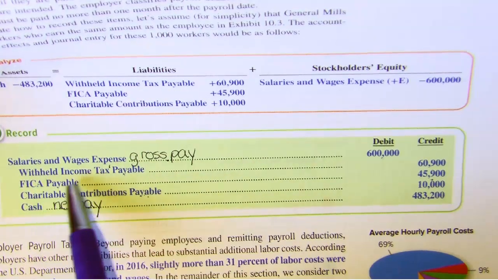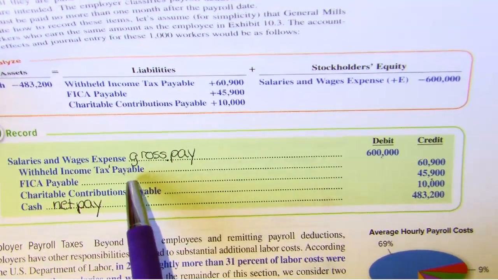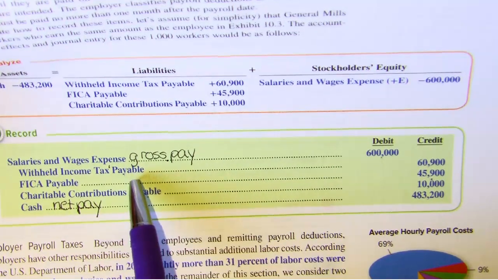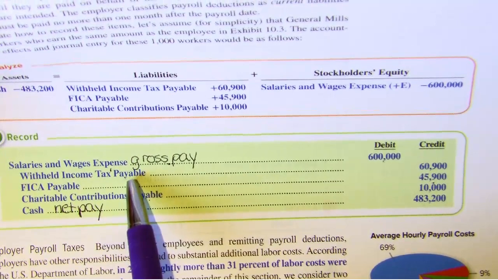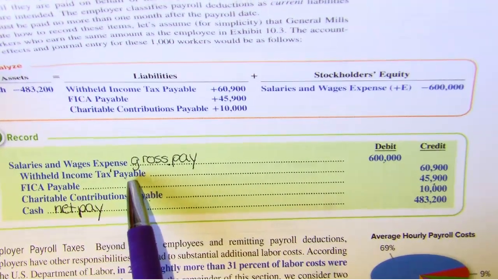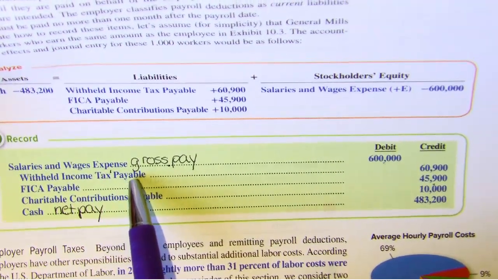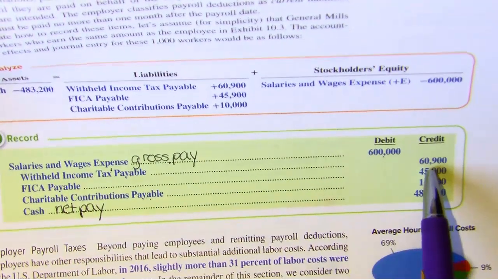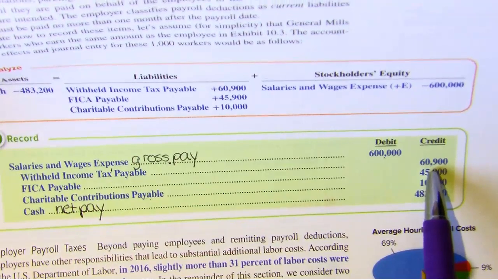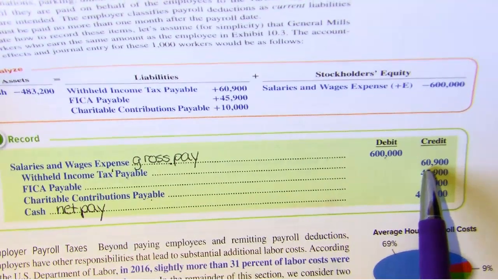Here's withheld income tax payable. The reason why we don't say income tax payable is the company has to pay income tax, and we want to differentiate the employees' from the company's income tax liability. So we would credit withheld income tax payable for the total deducted from our employees' pay for federal income tax.